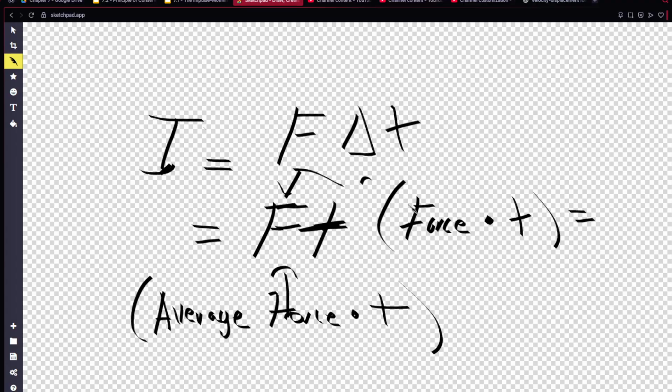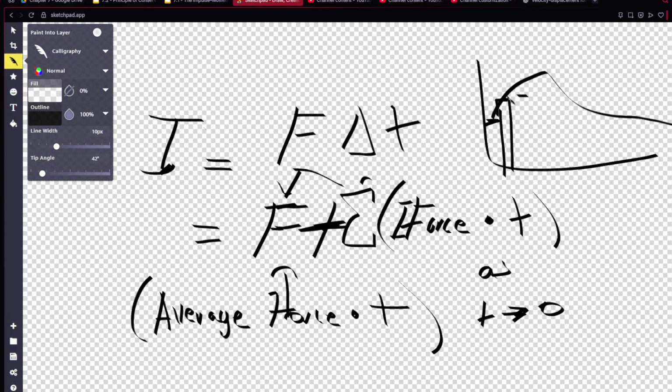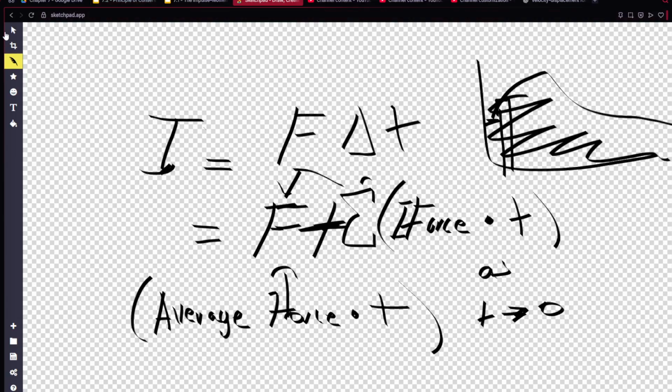So the instantaneous force, in sigma notation as t approaches 0. If you learn calculus, it's just going to be really small strips, or rectangles here, but we're not going to really focus on that. We're just going to focus on average force times t, because we can get the average force by calculating the area under the curve and dividing it by time.